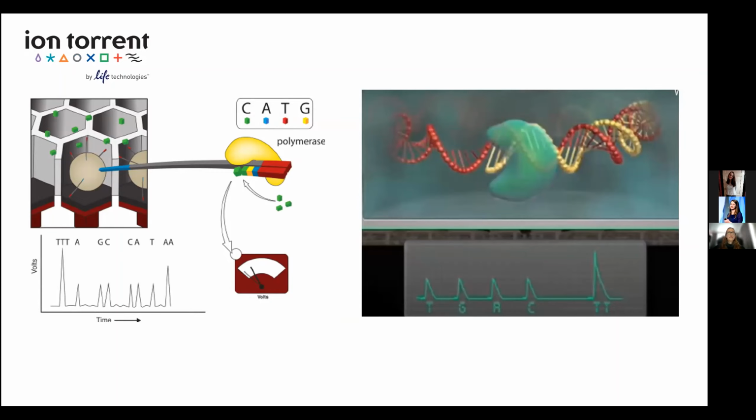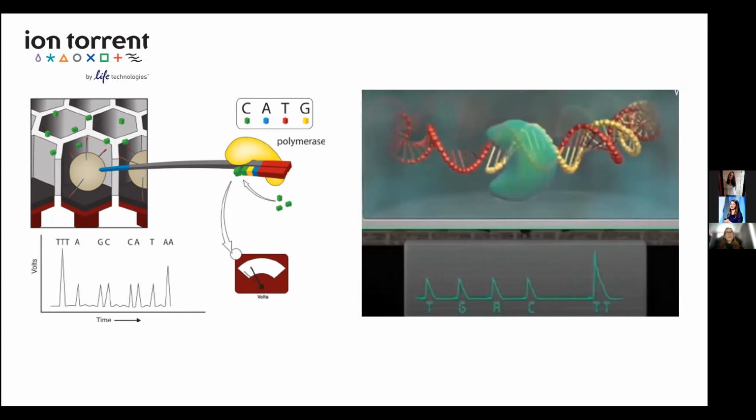If a nucleotide binds to the DNA strand, then a hydrogen ion is released and the pH of the microwell drops. The chip transfers this chemical information into an electrical signal and captures the voltage measurements, and the base is called. The unattached dNTP molecules are washed out before the next cycle, and a different dNTP is introduced.